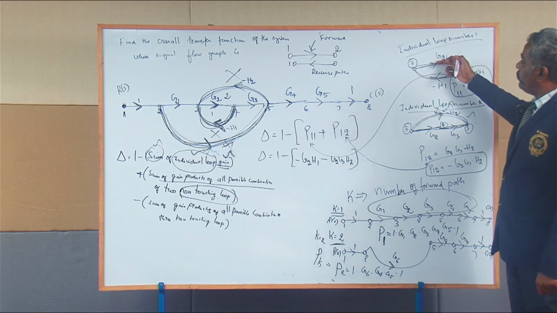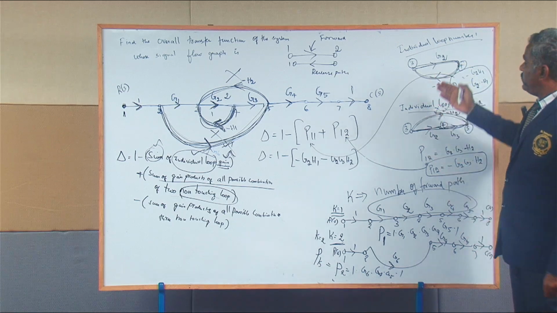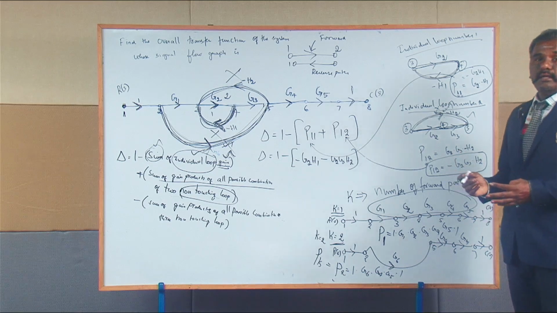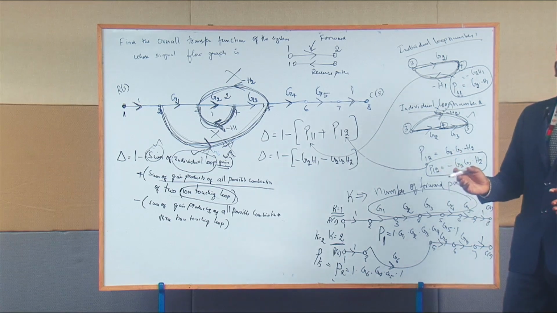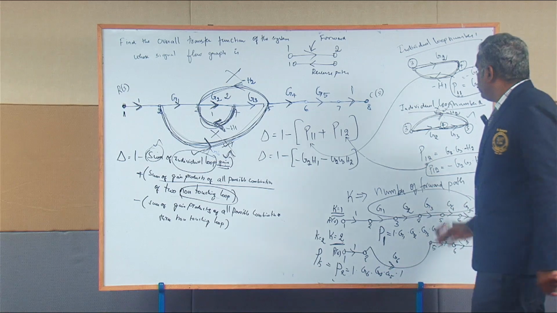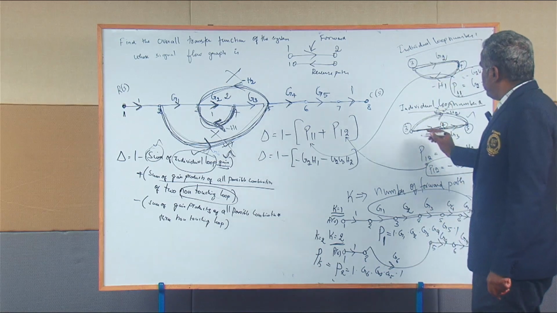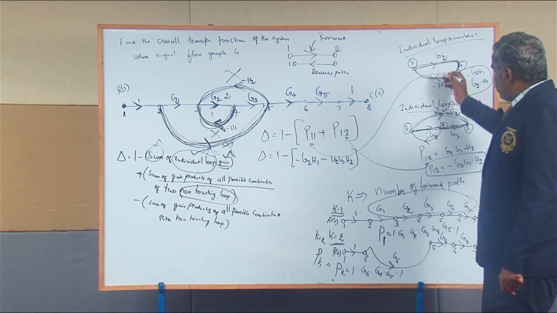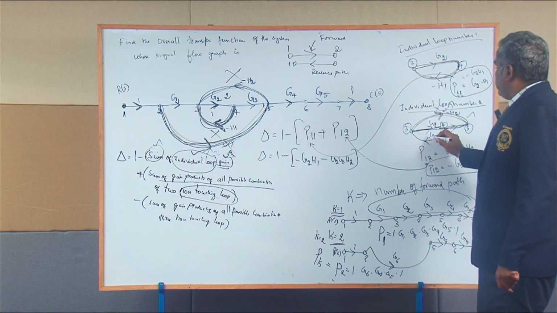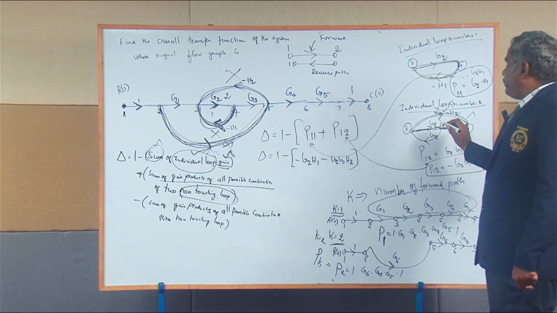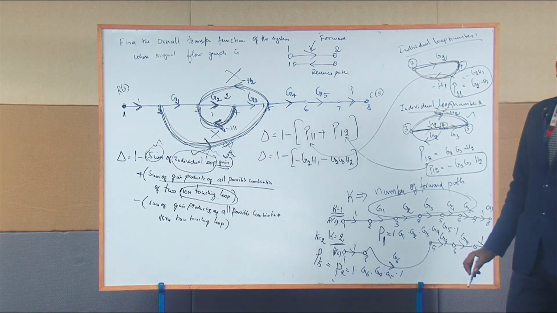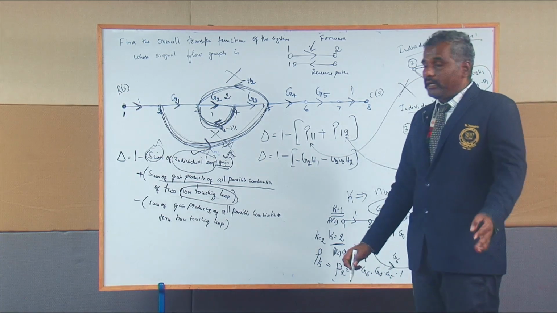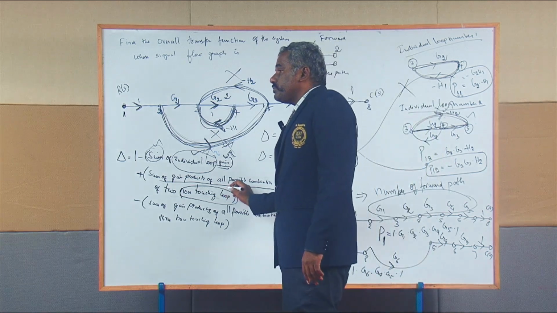You may merge these two loops in a single line. Then you need to check whether the combination is touching or non-touching. If you merge this graph, node number 3 and node number 4 are both touching, so there is no possible combination of two non-touching loops.